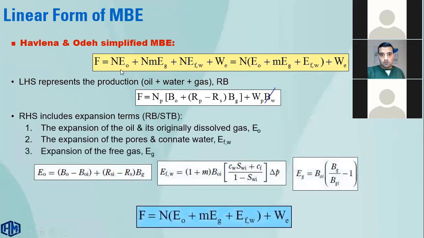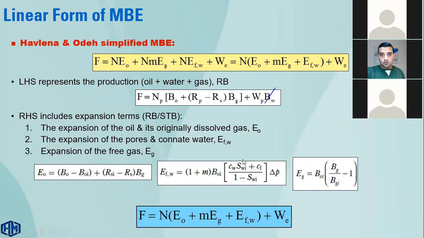On the right-hand side we have the expansion terms in reservoir barrel per stock tank barrel: E sub O, expansion of oil and solution gas; E sub F,W, expansion of formation and connate water; and last, E sub G, expansion of free gas. And this is the equation for all of them. Finally, this is the general straight line form of the Havlena and Odeh material balance equation.